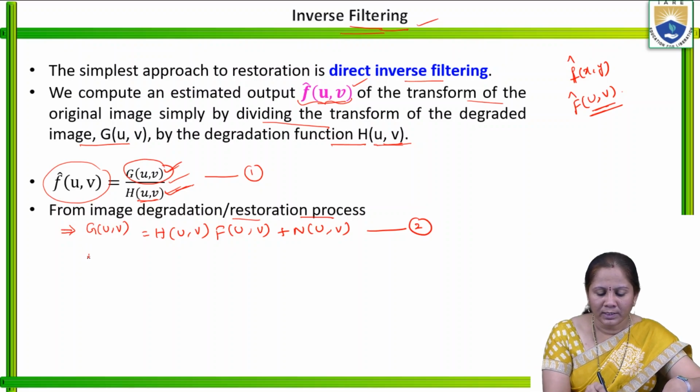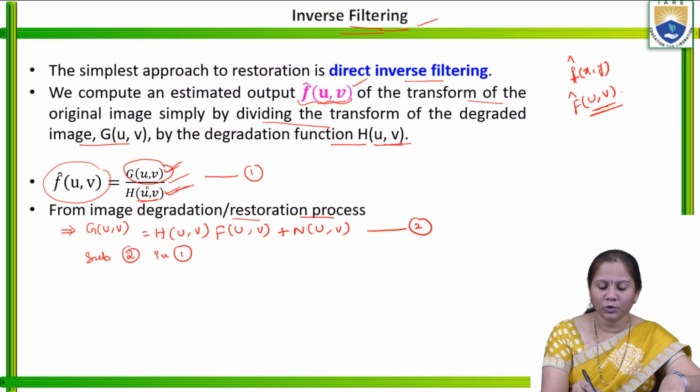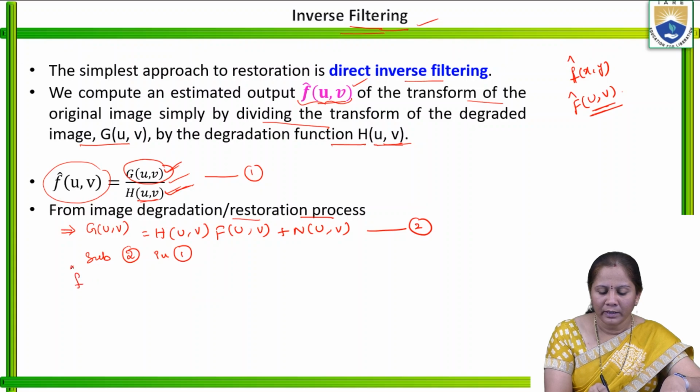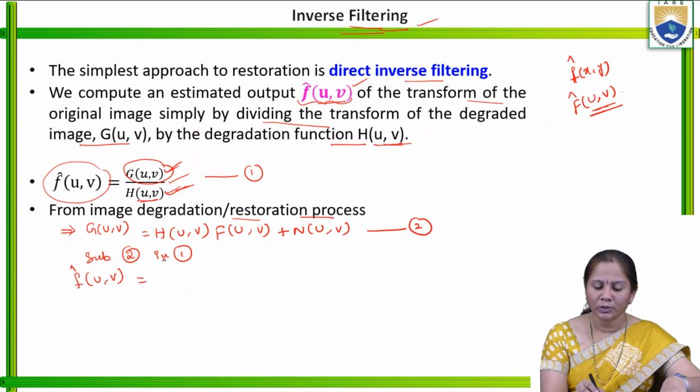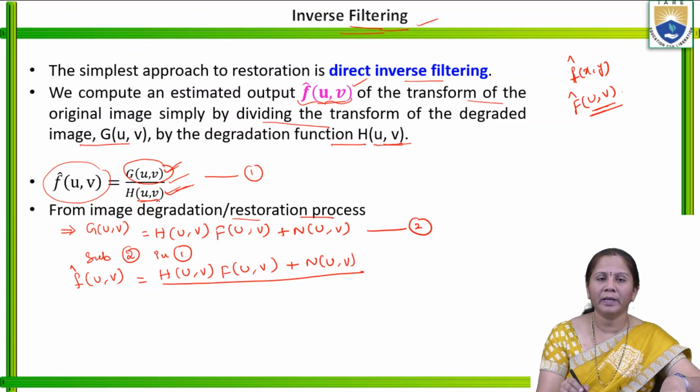So, substituting equation 2 in equation 1, we get F cap of u comma v is equal to, G of u comma v being H of u comma v into F of u comma v plus N of u comma v, by, as usual, H of u comma v.